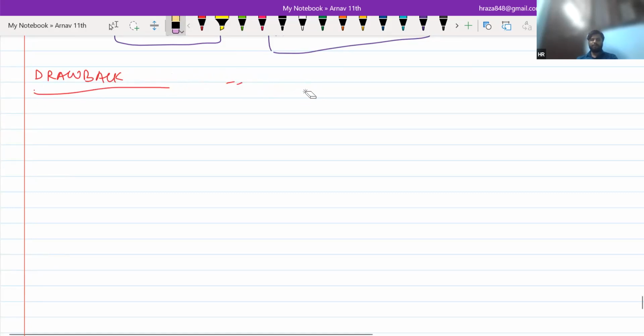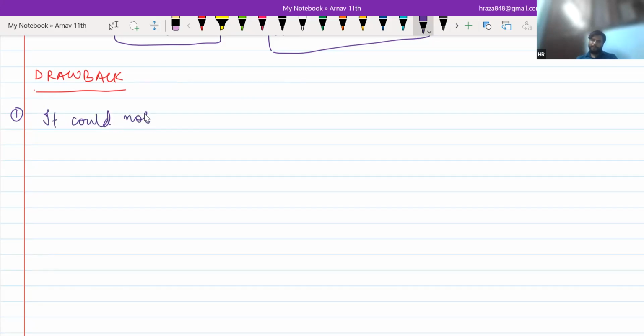The first drawback, it didn't tell anything about the stability. So I'm going to write the first one. It could not explain the stability of atom.